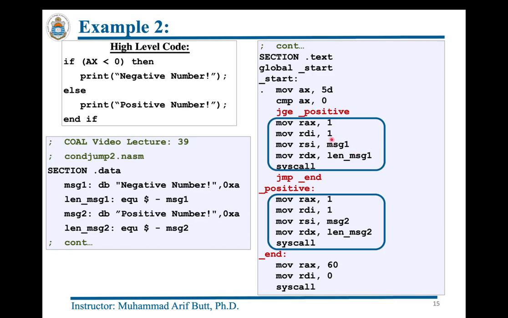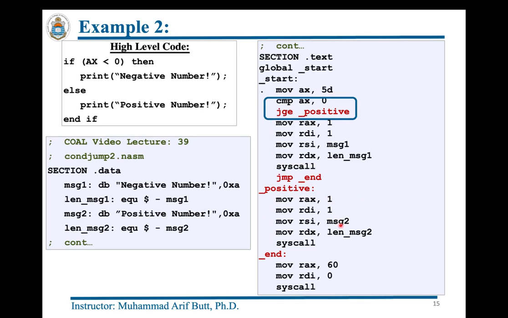Well, these are the assembly instructions which when executed will display appropriate messages on screen. Message 1 is the negative number message, and message 2 is the positive number message. Okay, so here is our logic.